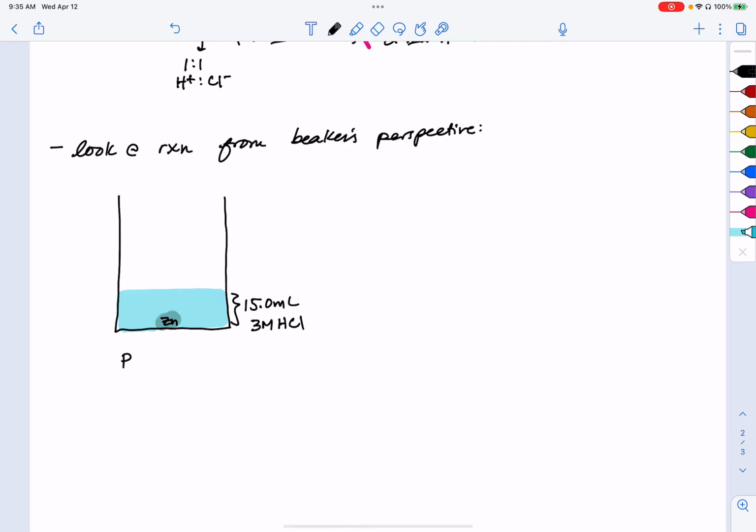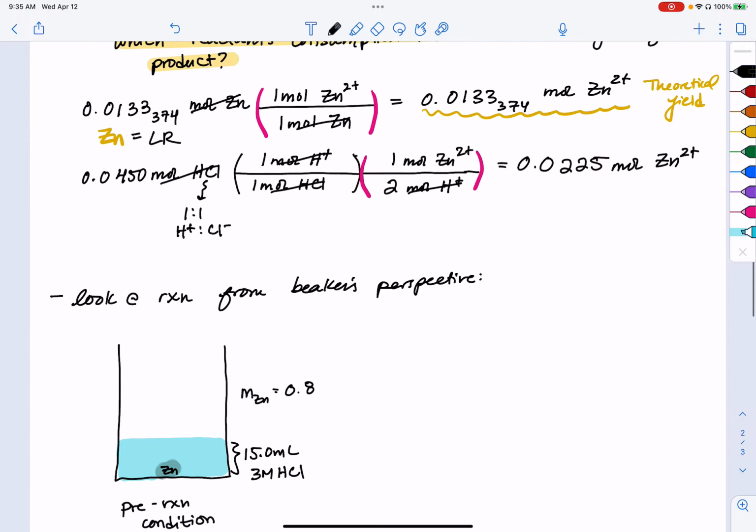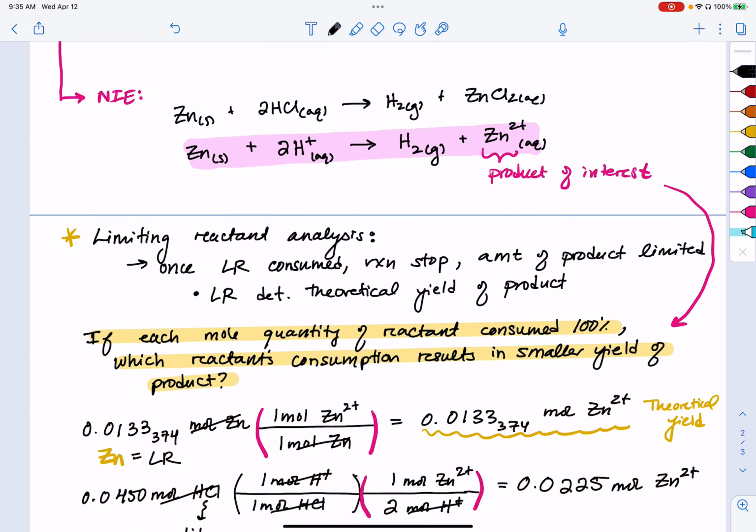And this is my pre-reaction condition, where the mass of zinc was my 0.872.